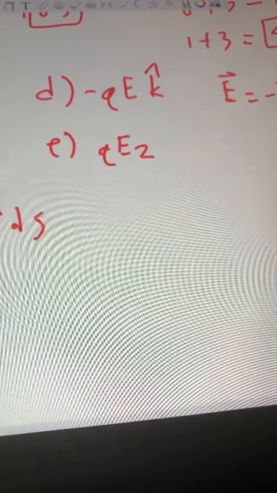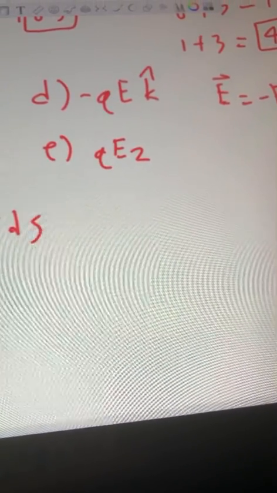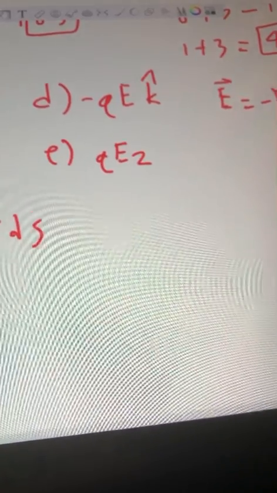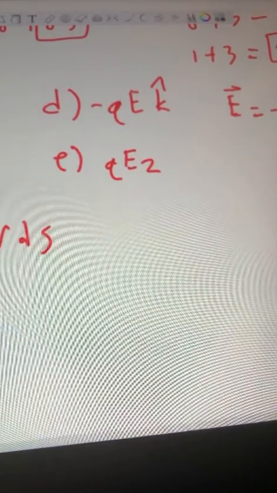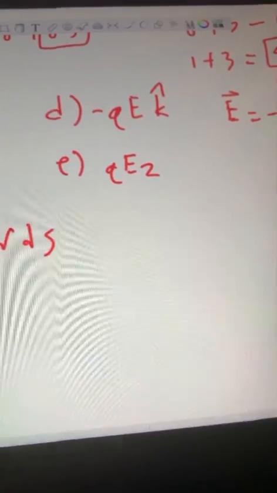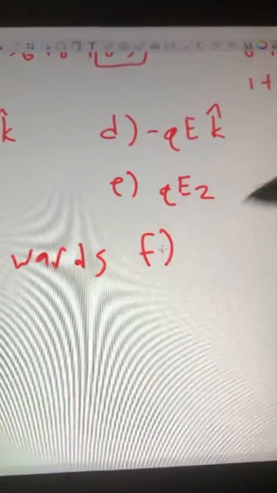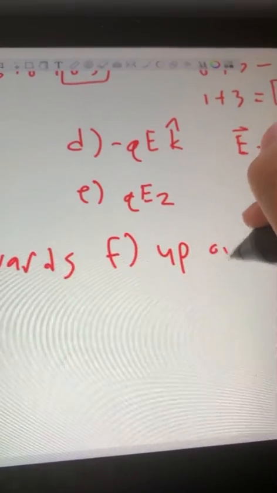So, for instance, if up is positive, it would end up going downwards because it goes the opposite direction that the positive charge goes. So for part F, it would be up or down.